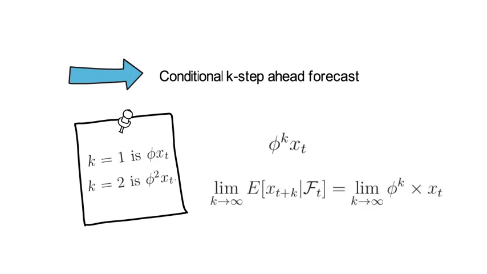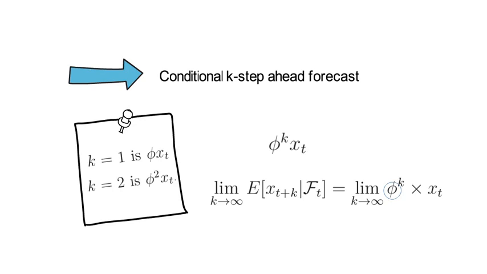And that is nothing else than phi to the power of k times xt, where k goes to infinity. Now looking at that, we see that it really matters which value phi takes. There are three cases that we have to consider. The absolute value of phi could be smaller than 1, it could be equal to 1, or larger than 1.